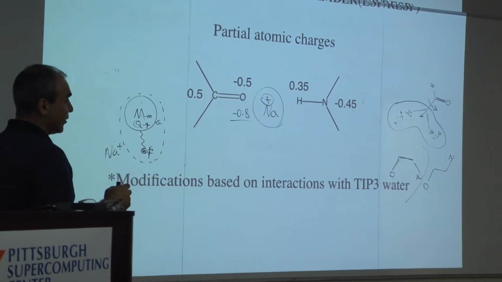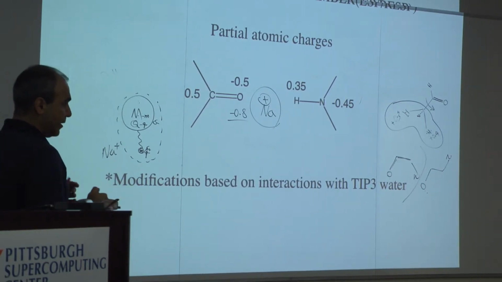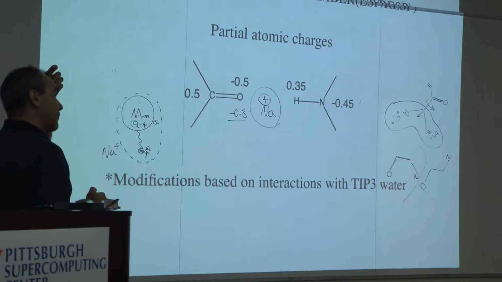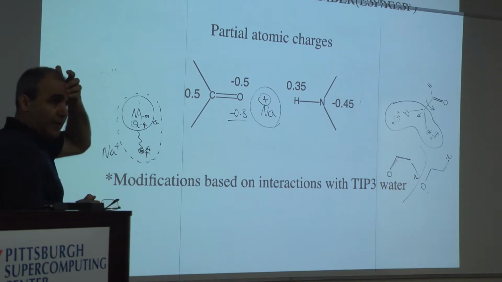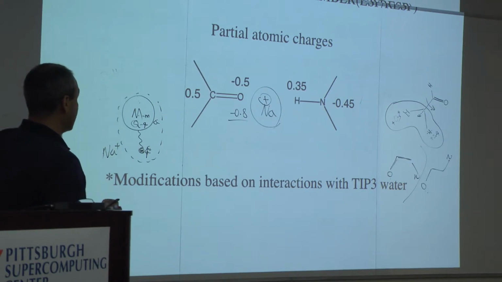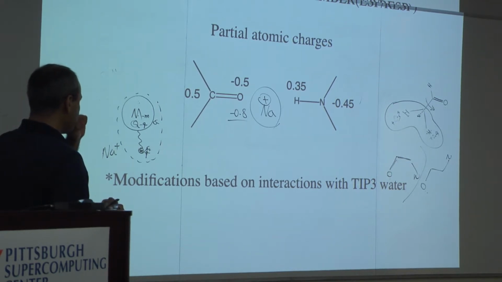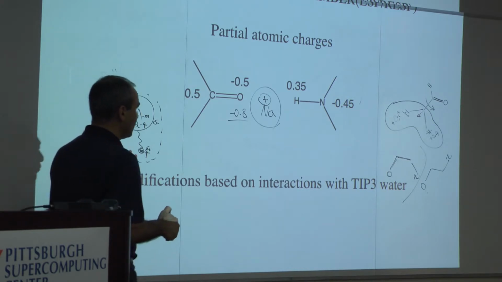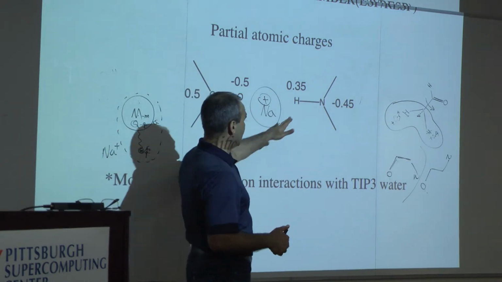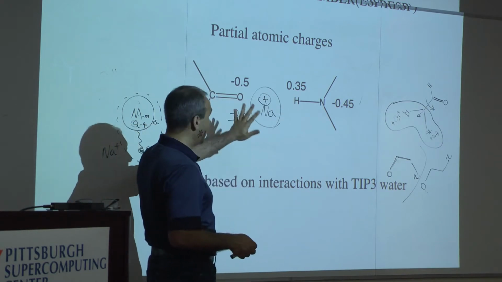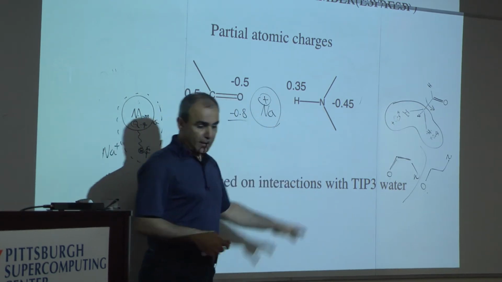I think that's one of the largest, or most important, sources of error in these fixed charge representations that you have to use. Related to this sort of extreme example of polarization could be charge transfer or even proton transfer. So bonds are always there.